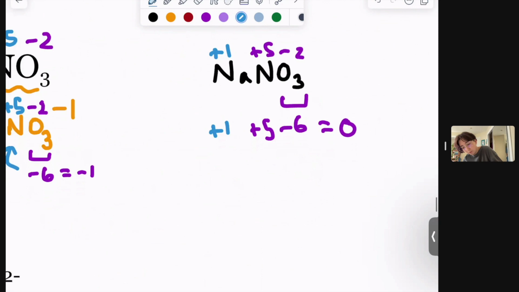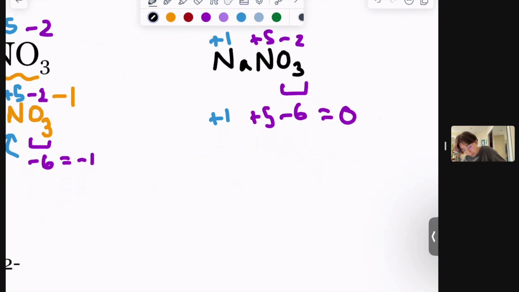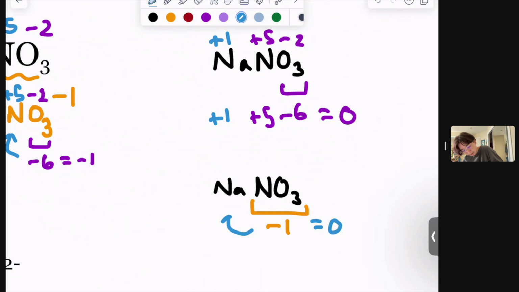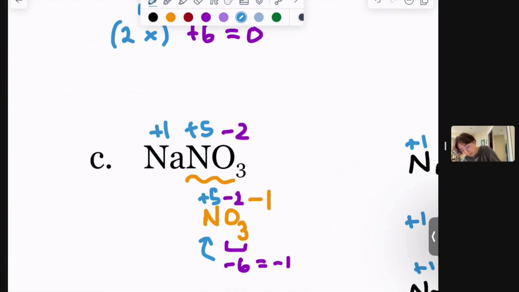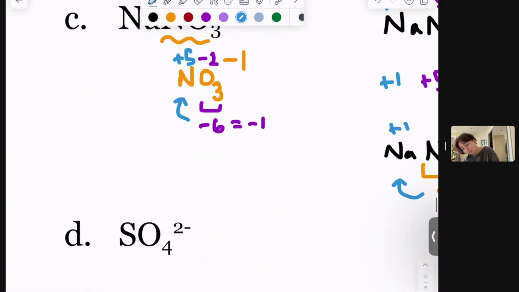That's one strategy. Or again, you can treat the polyatomic ion like a unit. So to figure out the thing that's bound to the polyatomic ion, maybe you recognize that overall this is -1 and it has to equal 0. So sodium must be +1. Either way, whichever works for you. But our final oxidation numbers on each element would be +1, +5, and -2.